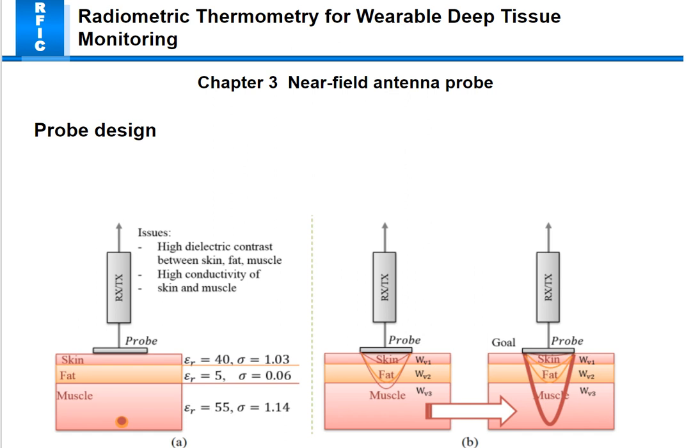And you can see in this second figure, B, the probe needs to be engineered to receive a large proportion of power from the muscle layer while minimizing the reception from the skin and fat layer, given the electromagnetic properties of the tissue, as I have mentioned, at 1.4 gigahertz.